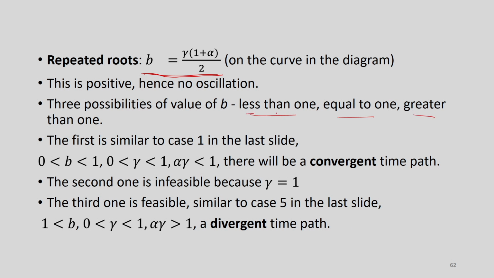The first case of less than 1 is similar to case 1 in the last slide. B is lying between 0 and 1. In this case, obviously, gamma will be between 0 and 1.